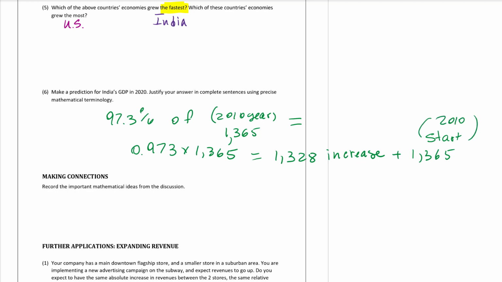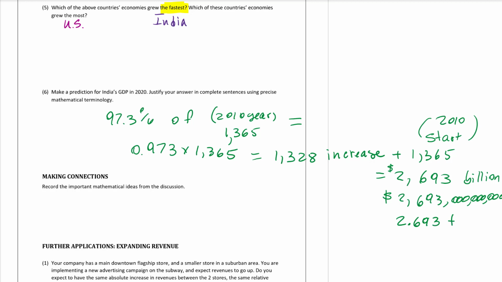So we're going to add 1365, and we predict that it's going to be $2,693 billion, which is actually $2.693 trillion in 2020. And you can go ahead and compare how that fits with reality. And on that, we're going to finish the lesson.